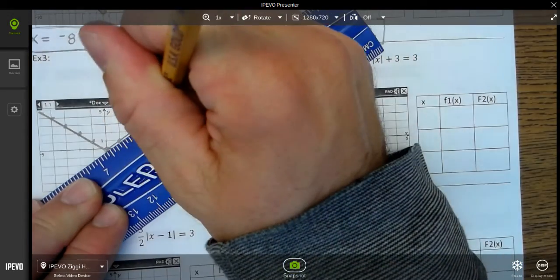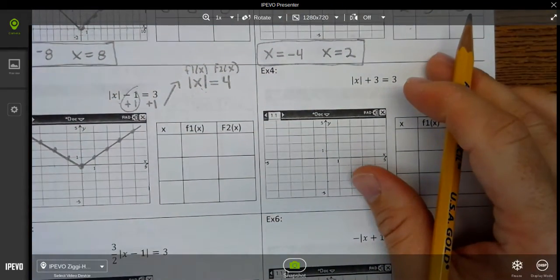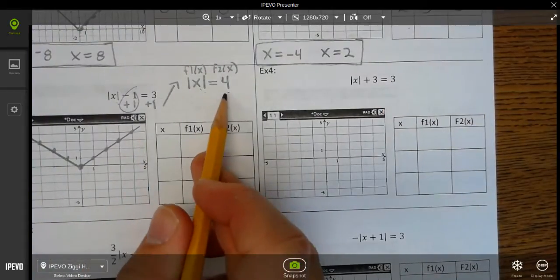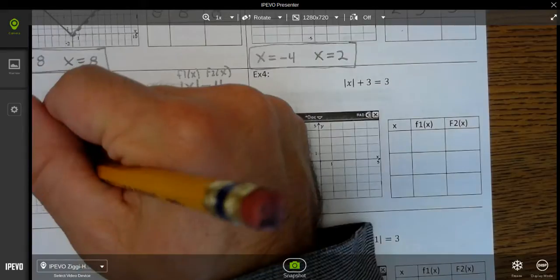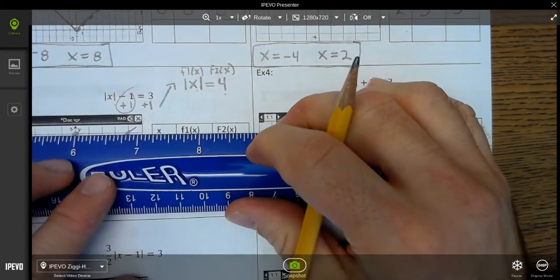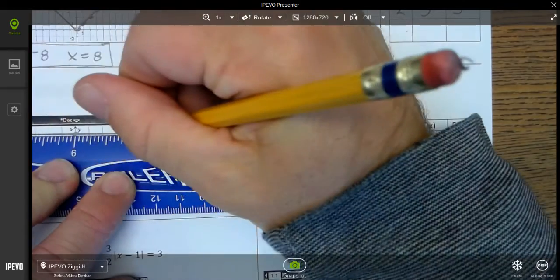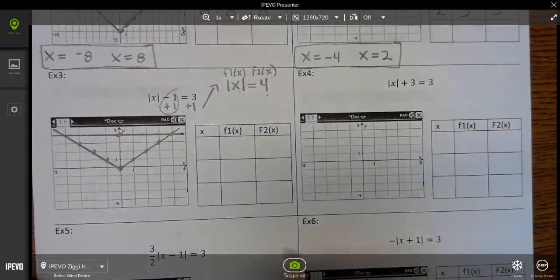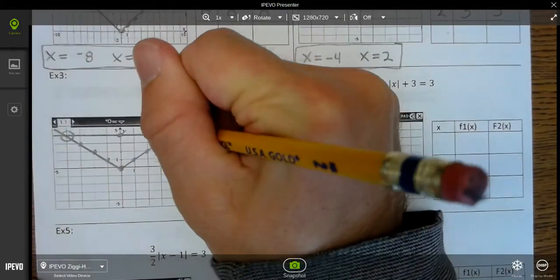And we know from example 2 that the right side is 4, so it's a horizontal line at 4. So 1, 2, 3, 4. All right, so this is our point of intersection. This is our point of intersection.